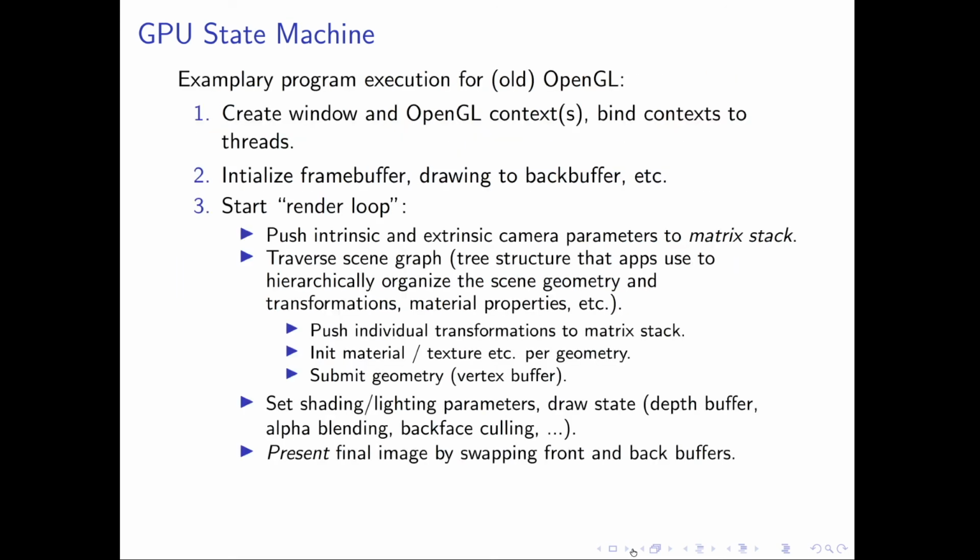And in order to maintain the state, OpenGL uses something that is called the context. The context can be thought of as a huge object that contains all the state in regards to a certain application with a window that we draw into. And the context is also usually associated with threads.